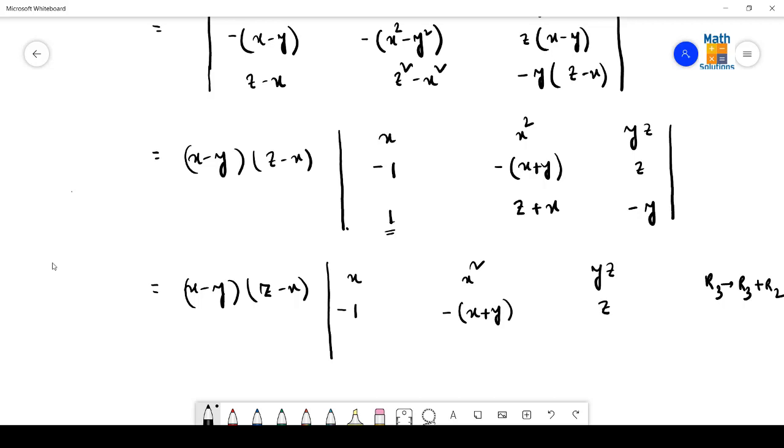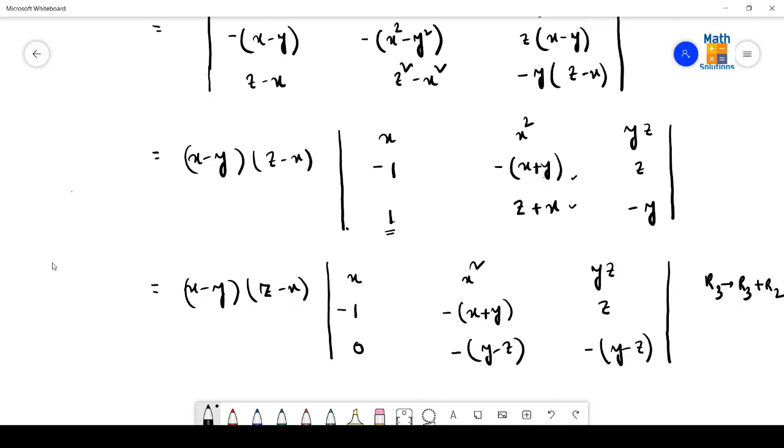If we sum up these two rows in place of R3, this will be 0. Then if this term and this term are summed up in R3, there will be only this term left, y minus z, and in this place there will be y minus z again.